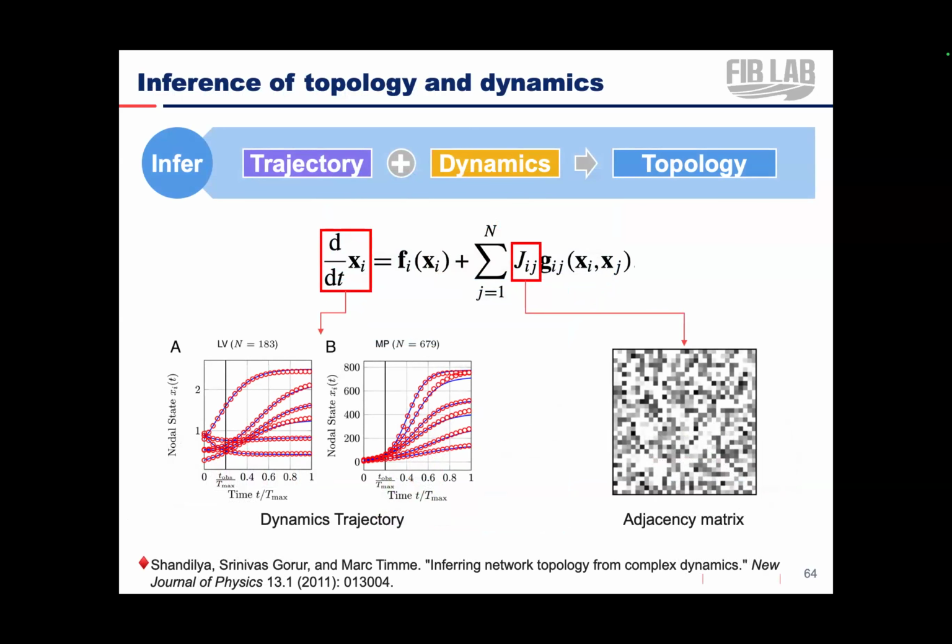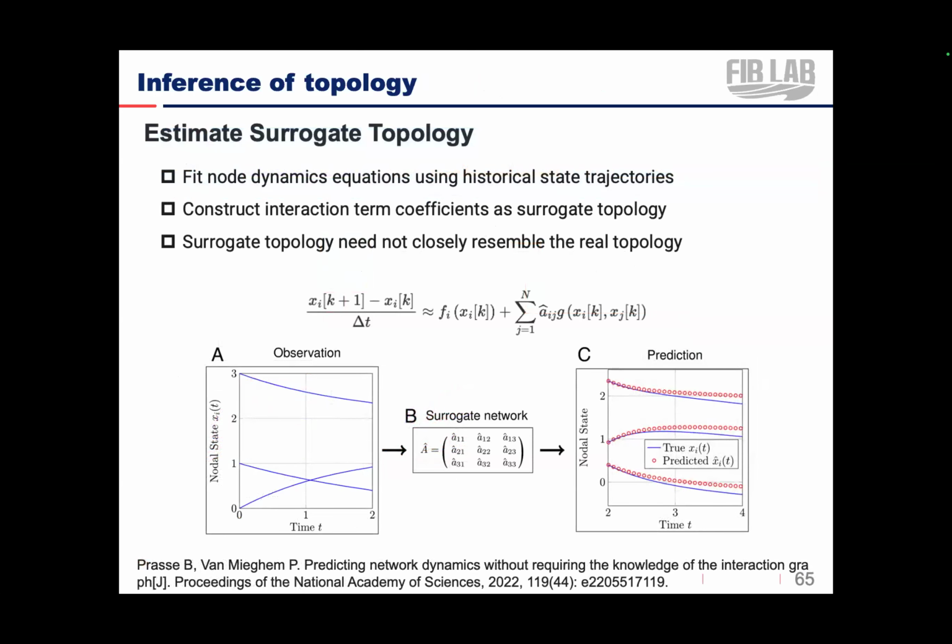Inference is about reverse engineering networks using node trajectories to infer hidden topology or dynamics. And this is crucial for systems we can't directly observe, like gene regulatory networks or underground criminal networks. So without knowing the true topology, the authors of this paper feed dynamics equations to data and construct a surrogate topology from interaction terms.